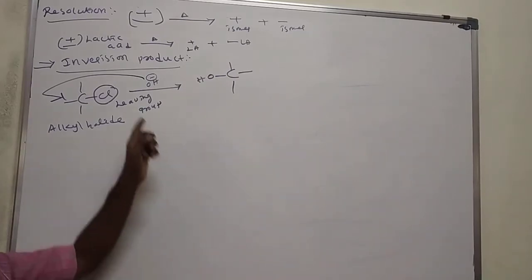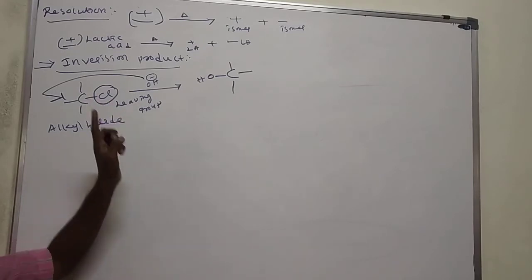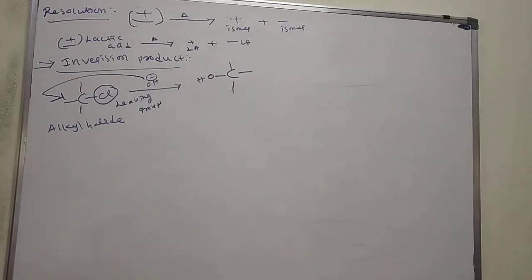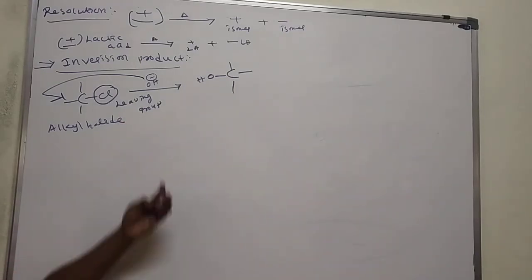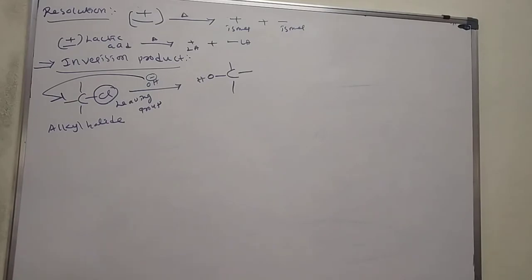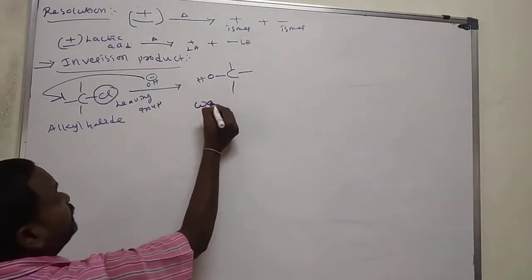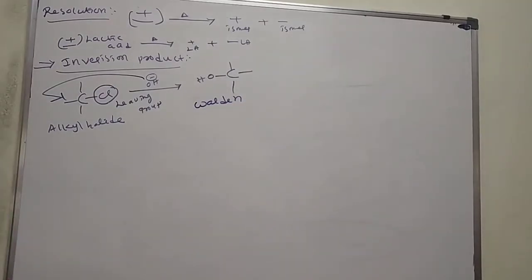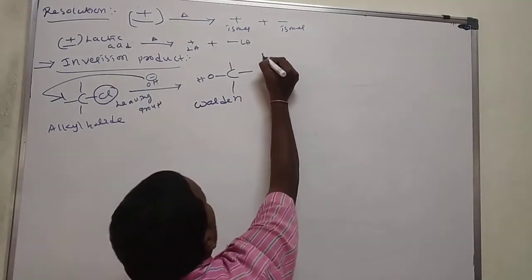Opposite configuration means here chlorine is present on the right side, here OH is present on the left side. This is explained by Walden, so it is called Walden inversion product.